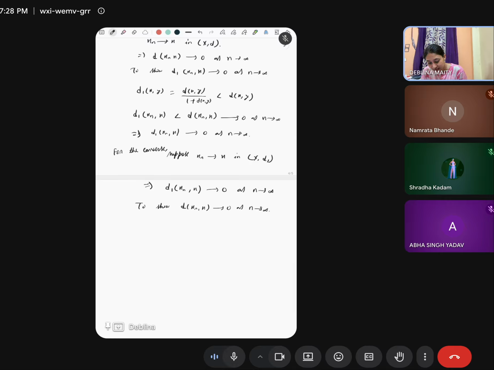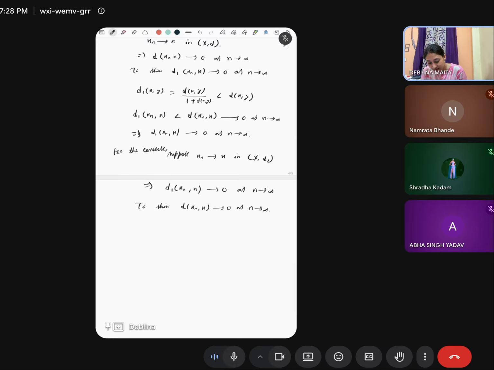So by theorem 2, d and d1 are equivalent.